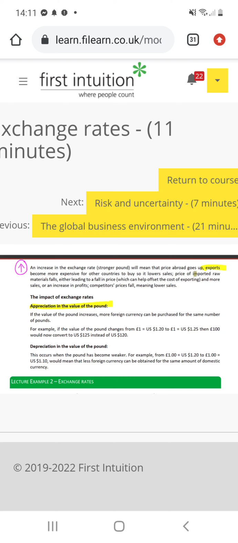With imports, the price of imported raw materials falls, leading to a fall in price, and this increases sales and increases profits. Let's have a look at these under the impact of exchange rates. We have the appreciation of the pound, and this is where the pound becomes stronger.